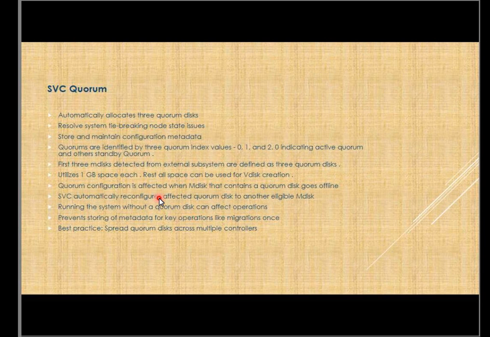Granted, there are situations where you might want to choose that, and it comes with a lot of pre-verifications and checklists that you should go through. SVC stretch cluster is suitable for very specific environments and is not suggested as a DR setup. This is not a DR setup. We need a separate DR site.